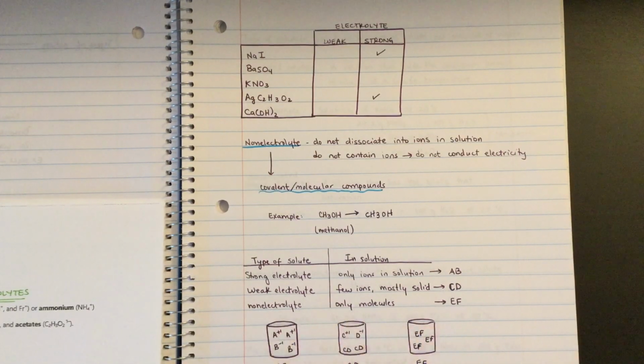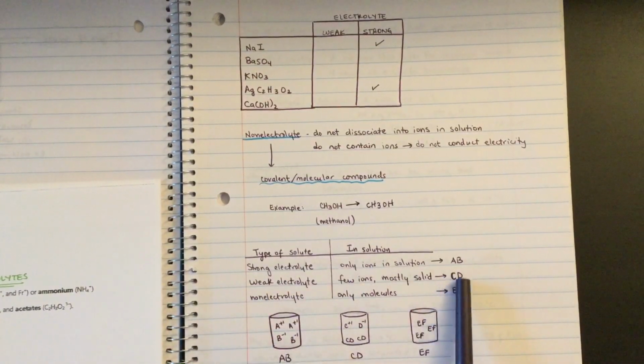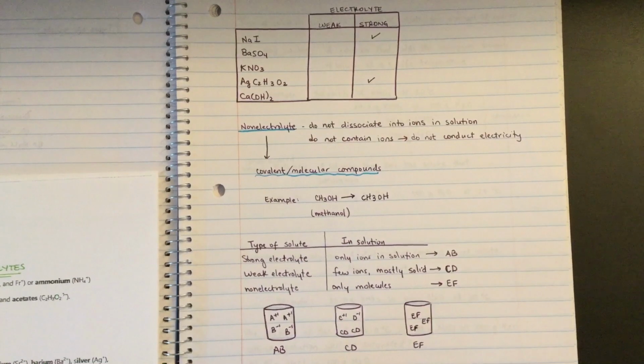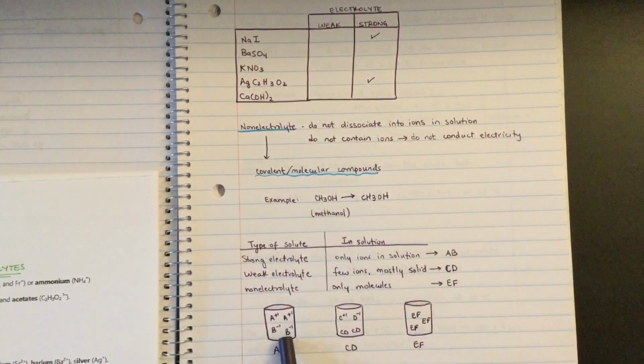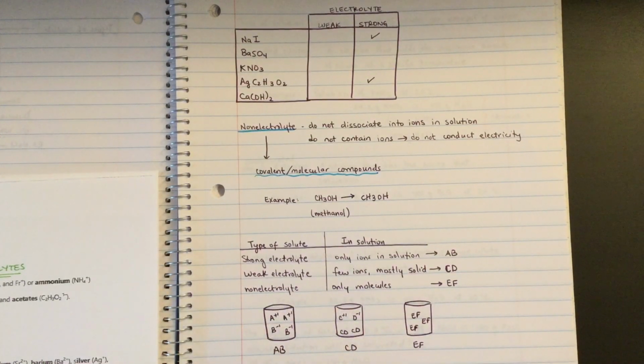And here I have a representation. These are generic: I'm using AB for a strong electrolyte, CD for a weak electrolyte, and EF for a non-electrolyte. If you have a strong electrolyte in water, you should have only ions. You see A plus, B minus, A plus, B minus, only ions because it's a strong electrolyte.